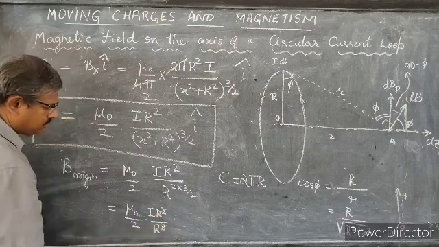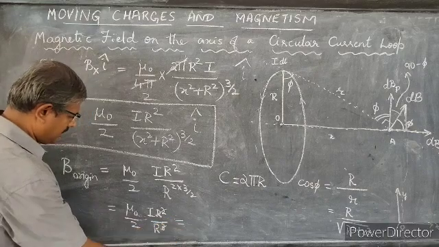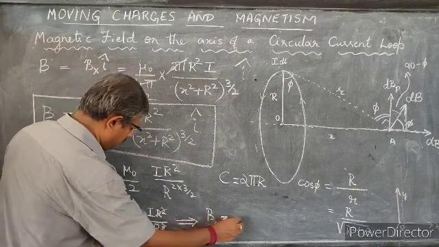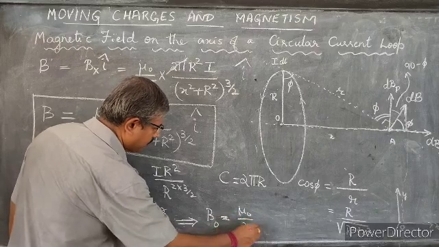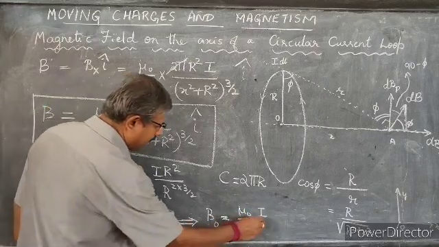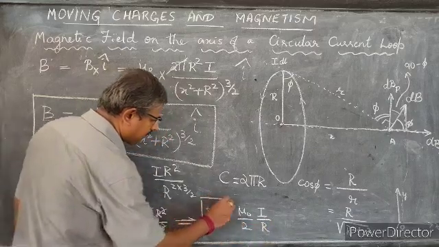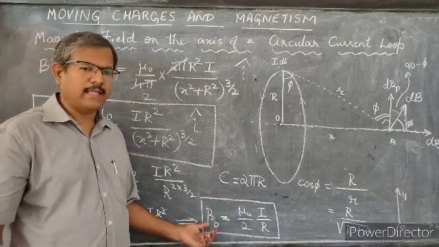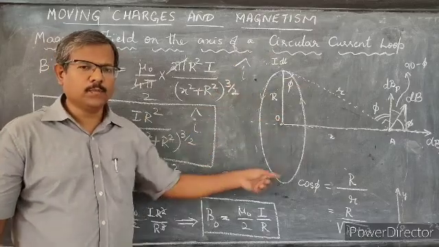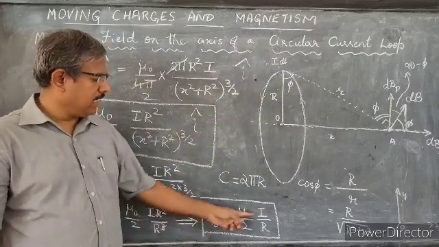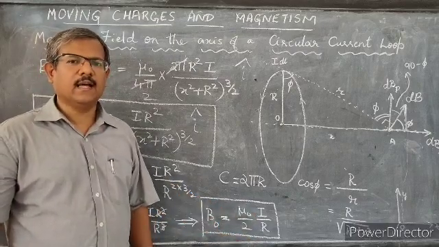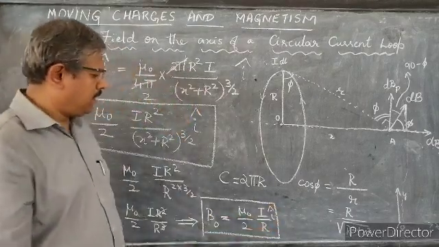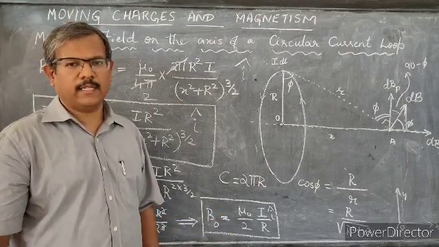So R square and R cube, they cancel out each other partially, leaving me with B origin is equal to mu naught by 2 into I by R. So this is the special case of the magnetic field at the center of a circular loop carrying current I and having radius capital R. So here too I would need to put the i cap to indicate the direction of the magnetic field.